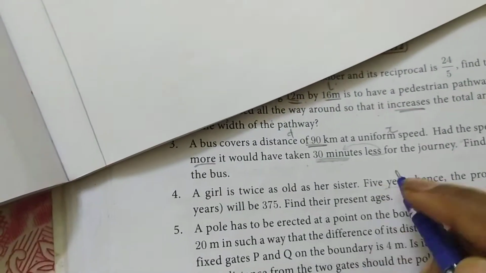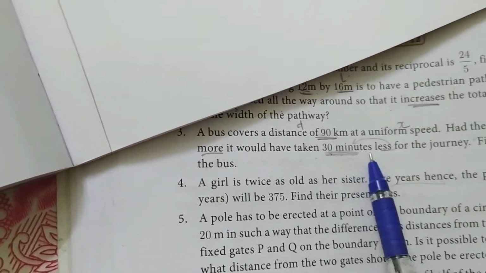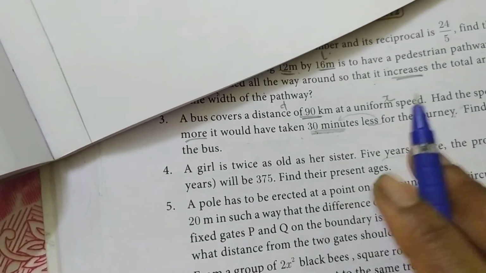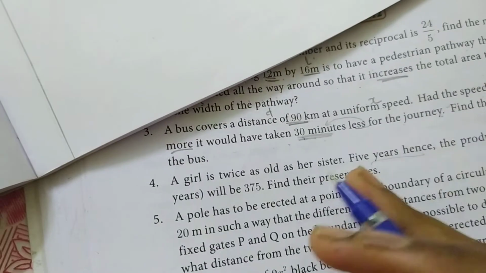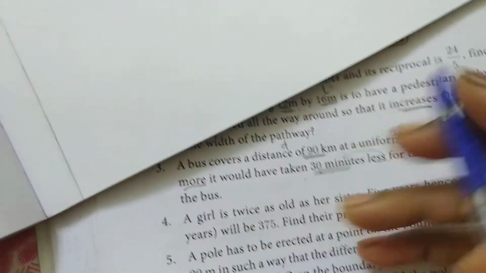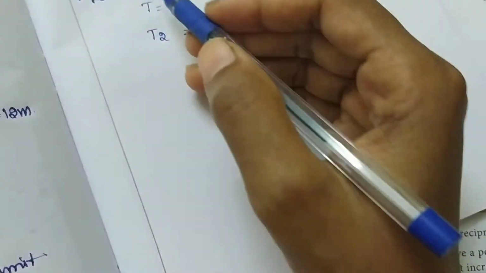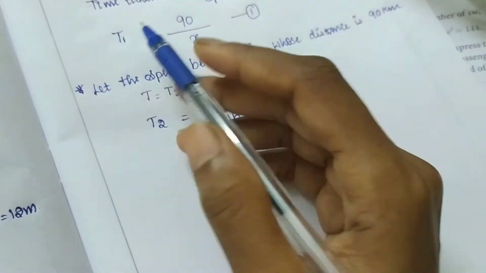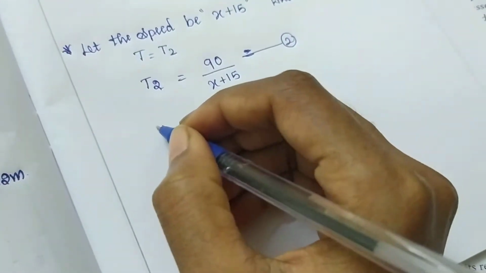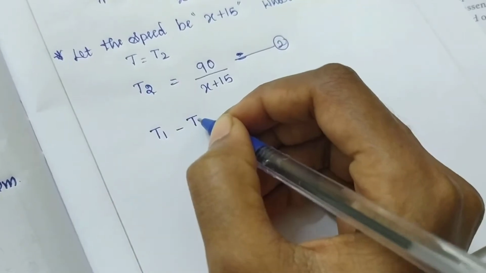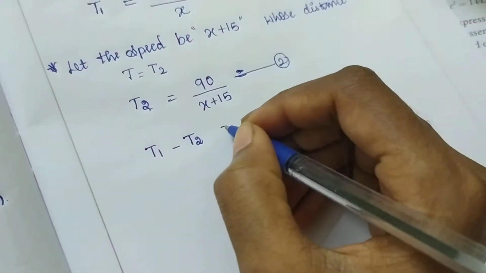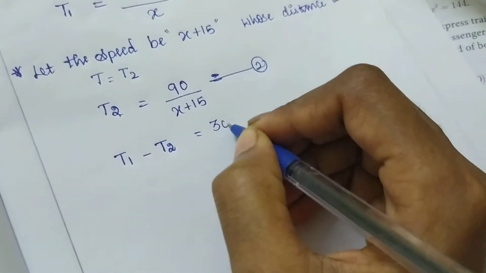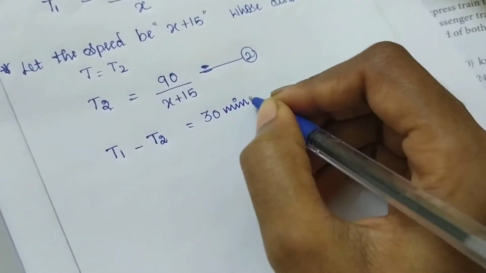Then they mention 30 minutes less for the journey. If you raise your speed, your time is reduced to reach the place. So for convenience, I take T1 minus T2, the difference between these two. What's the timing? 30 minutes.